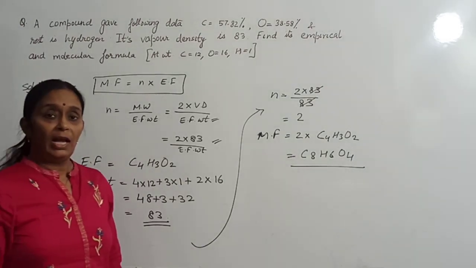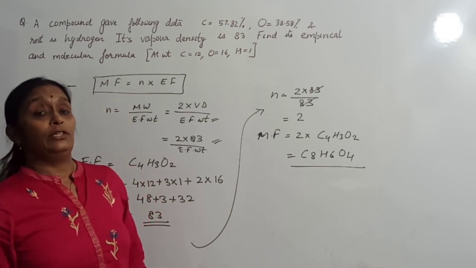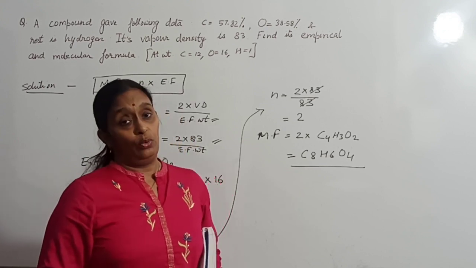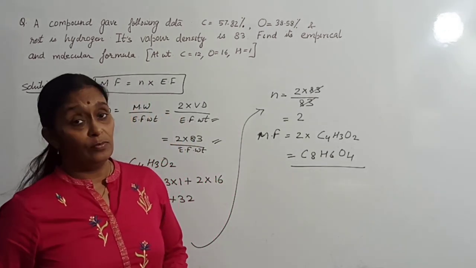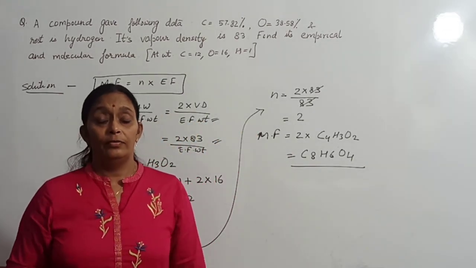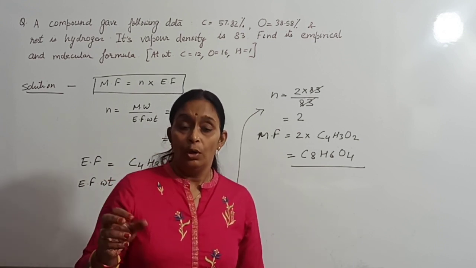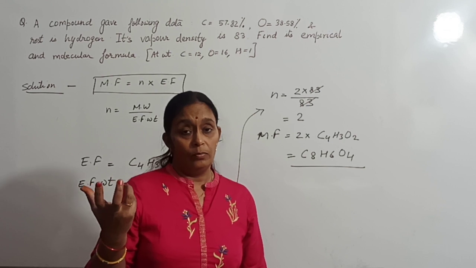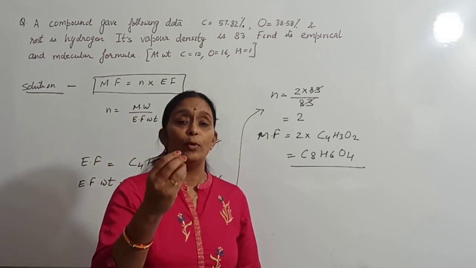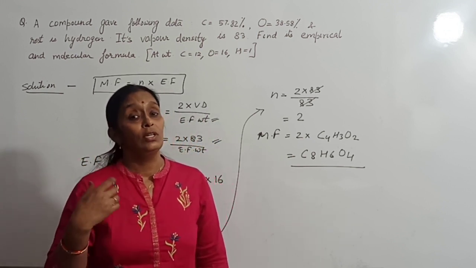So one thing which we have found new in this numerical is that after calculating the simplest ratio, if you do not get the number of atoms of an element in a whole number, then you are going to convert it. If after the decimal it is coming 0.5 or more than 0.5, like 0.9, then you can directly write it as a whole number, but if it is coming 0.5 or 0.6, you have to multiply it with the smallest number to convert it into a whole number.